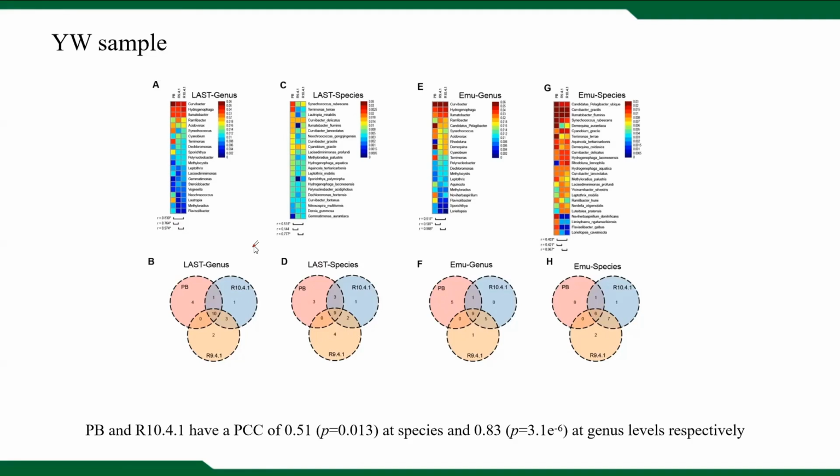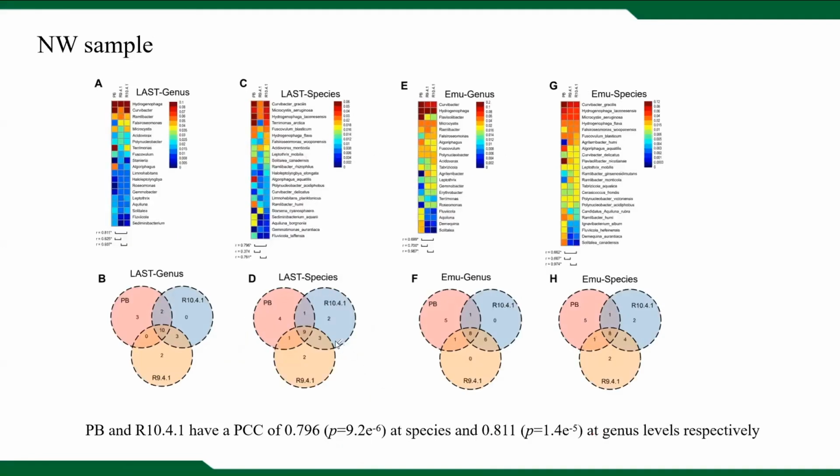Next, we focus on the results of the LAST aligner. When the LAST aligner was used, R10 and PacBio had a Pearson correlation coefficient of 0.51 at species level and 0.83 at genus level.